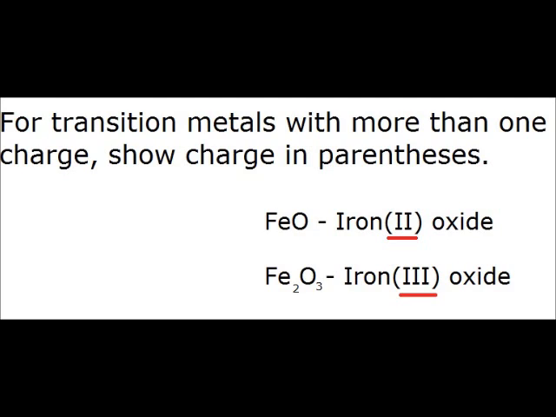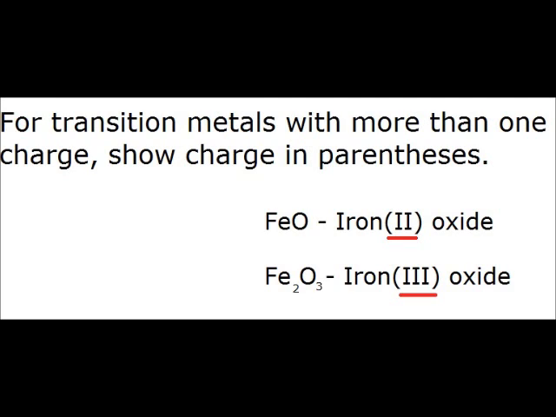But again, with the transition metals, we need to include the charge in the parentheses. So if more than one charge is available, in the case of iron, I can have iron 2+ or iron 3+. I'm going to need to identify which one is being used, and I put that in parentheses next to the name of the metal.